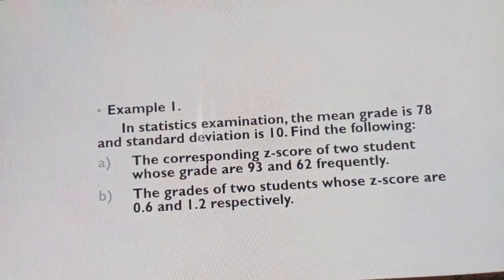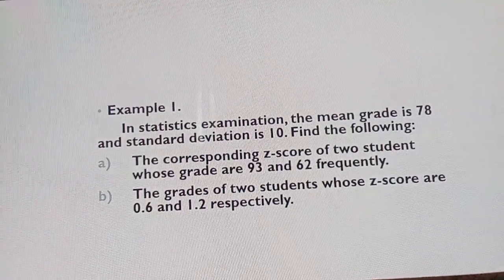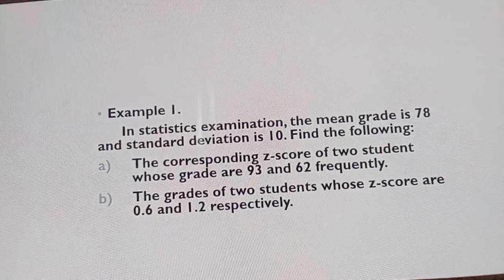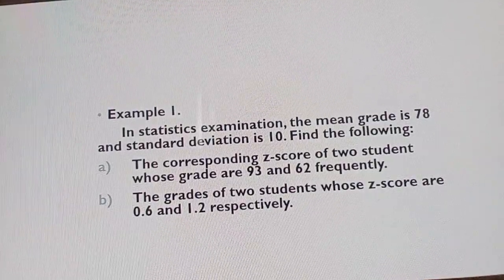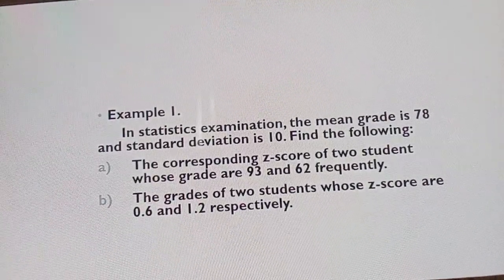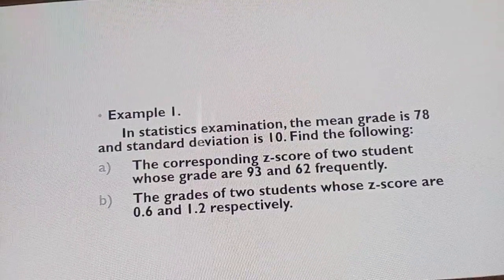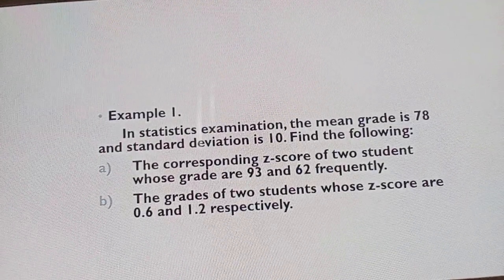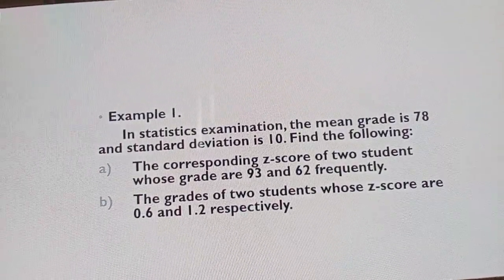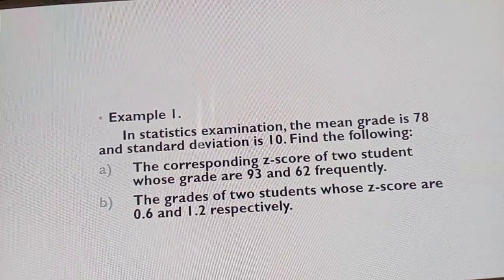So let us give an example so we can understand how to get the Z-scores. Example number 1. In a statistics examination, the mean grade is 78 and the standard deviation is 10. Find the following. Letter A: the corresponding Z-score of two students whose grades are 93 and 62 respectively.